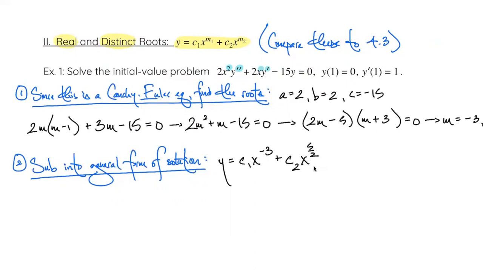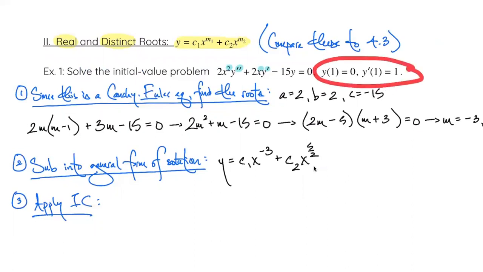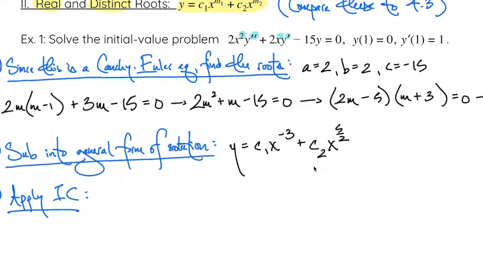Now we are going to apply our initial conditions. I notice that y of 1 equals 0, and y prime of 1 equals 1. So let's sub those values in. We get c1 times 1 to the negative 3 plus c2 times 1 to the 5/2 equals 0.